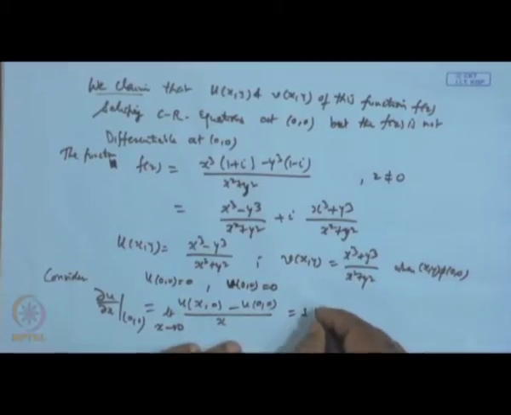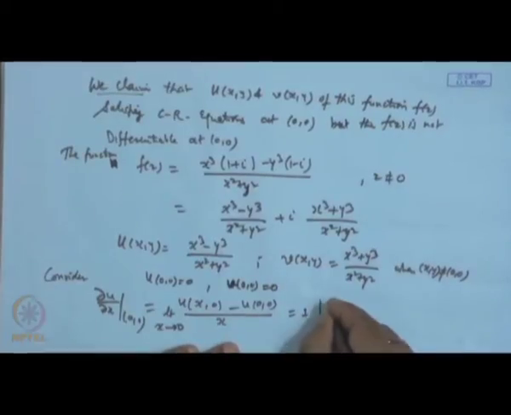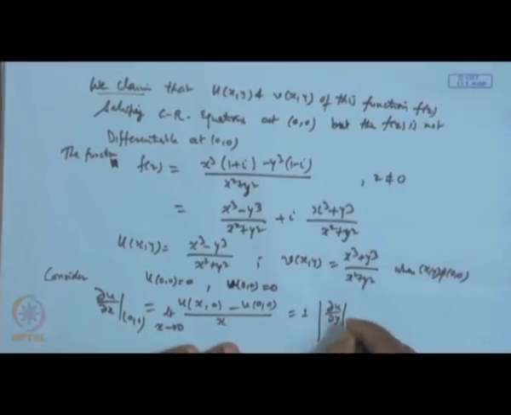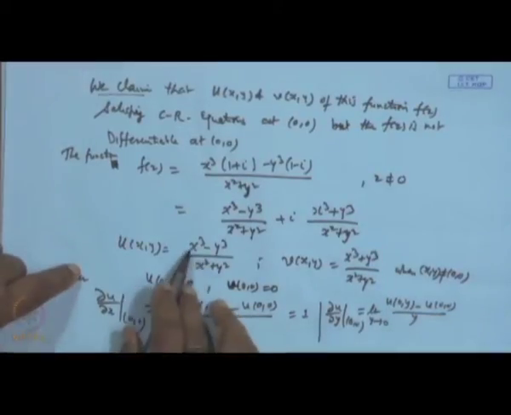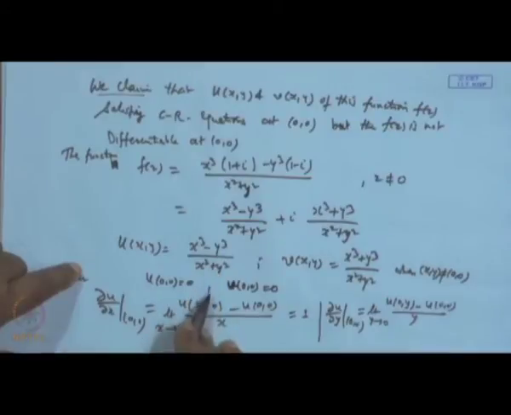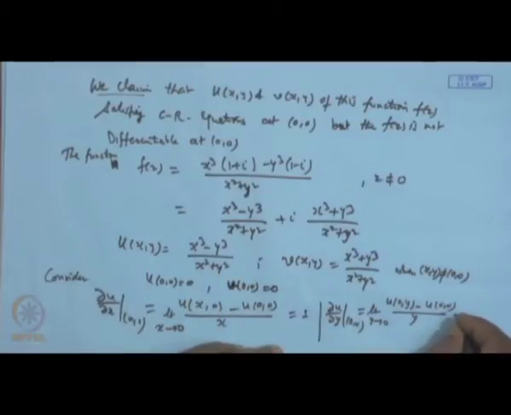Similarly, if you go for del u over del y at the point (0, 0), then what we see here is the limit as y tends to 0 of (u(0, y) minus u(0, 0)) divided by y. Again, when you take x as 0, it comes out to be minus y divided by y, which is minus 1.